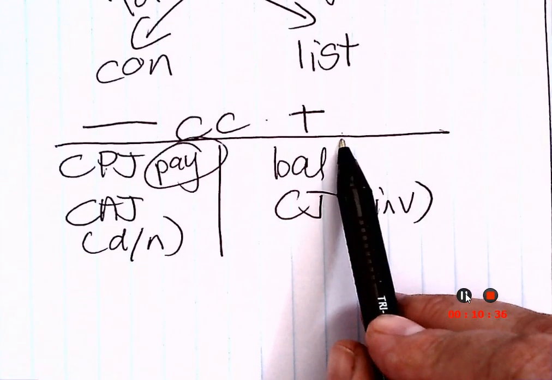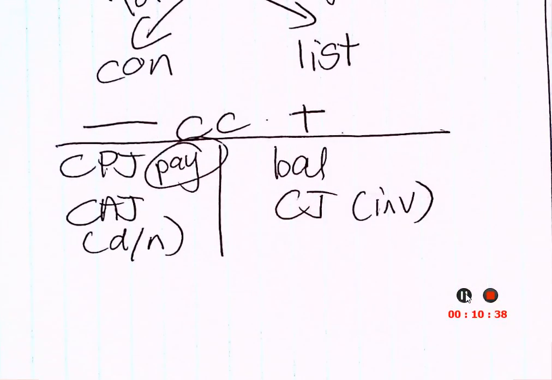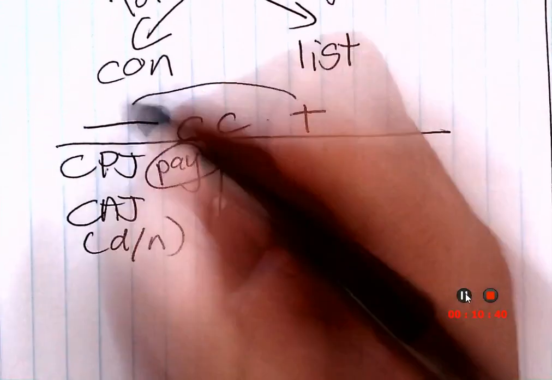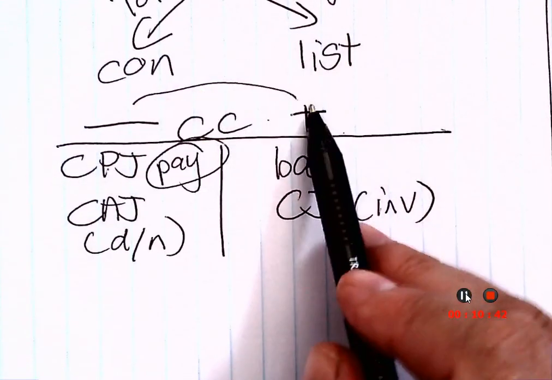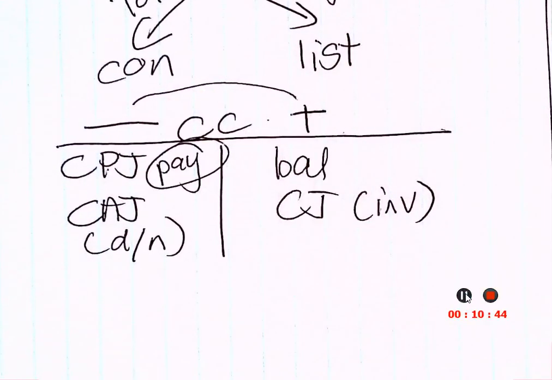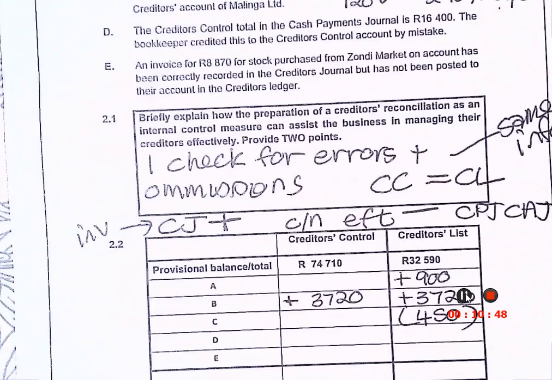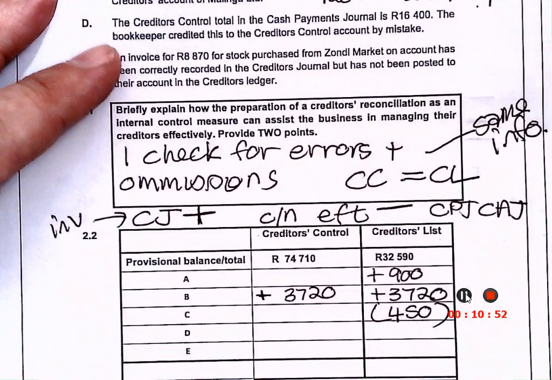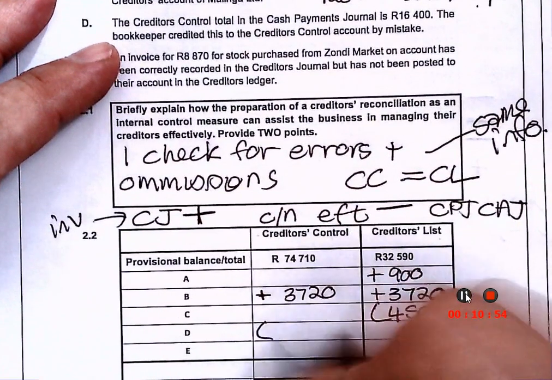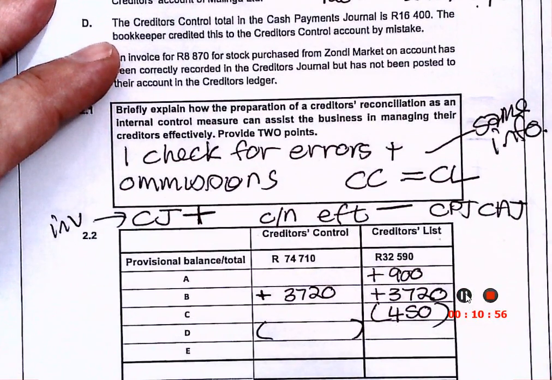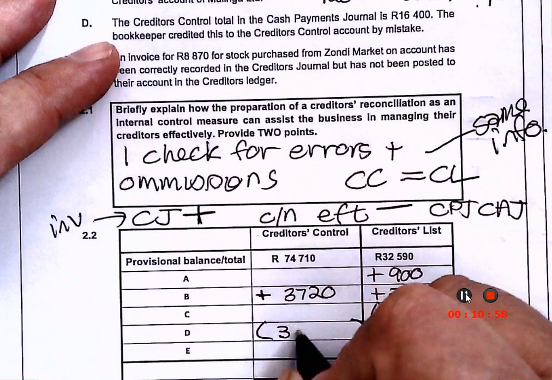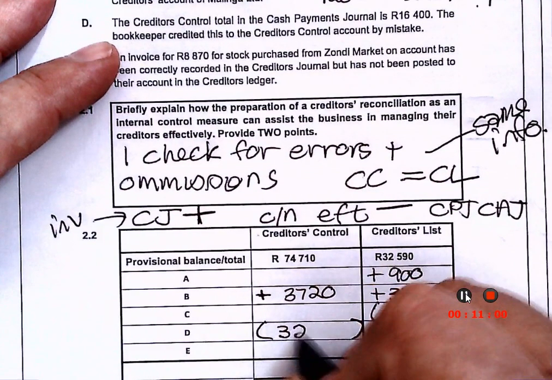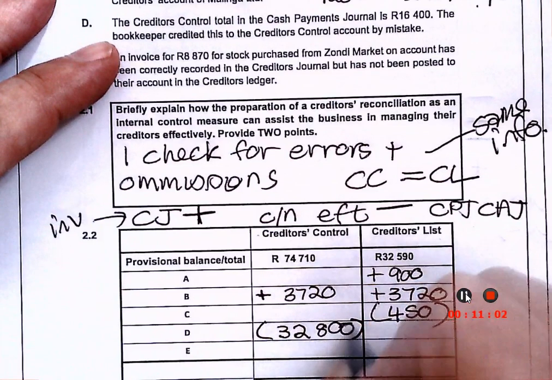Wrong side, I need to fix it twice, because the first time I'm just cancelling the mistake. And now my account is 0. So now I put in the right one. So in the control, I'm going to minus 16,400 twice. What is 16,400 times 2? Is it 32,800? Okay.